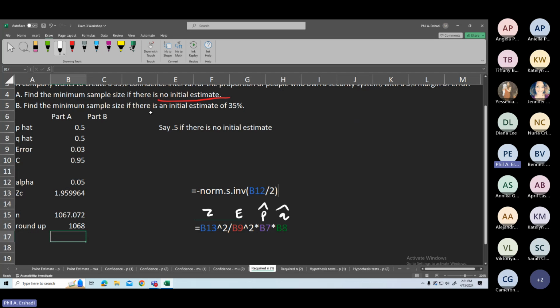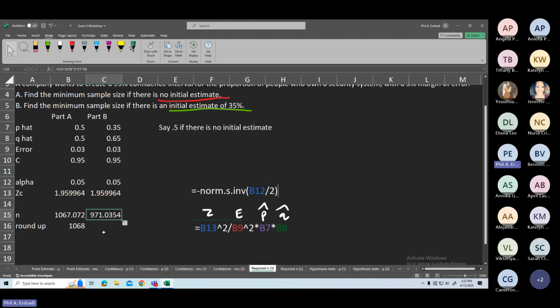So now I want to show you how this changes if you do have an initial estimate. All this is going to do is change the p-hat to 0.35. So then we can let Excel autocomplete everything else. Error doesn't change. Confidence doesn't change, which means alpha also does not change. And because alpha does not change, Z critical does not change. And now all I need to do is run the formula again.